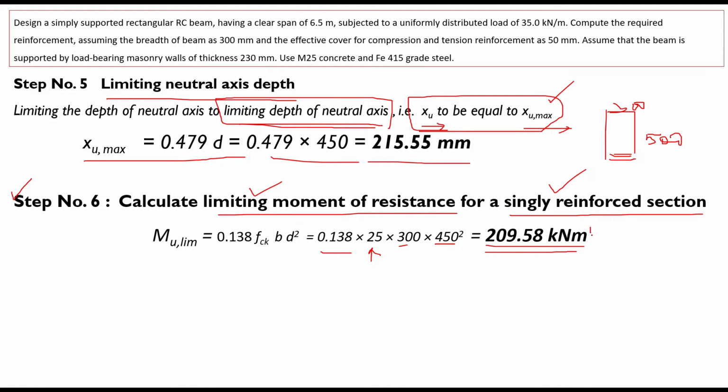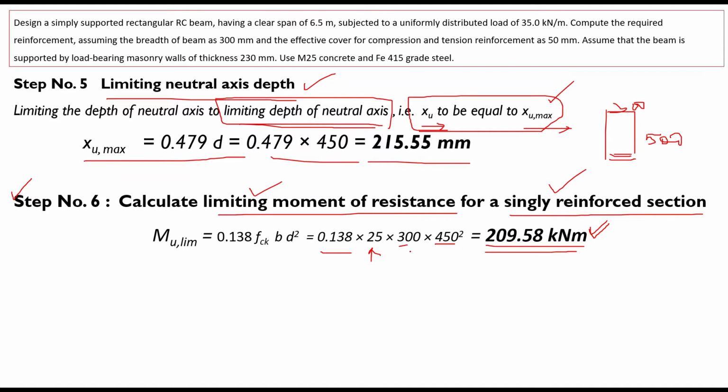Now you must be clear about the meaning of Mu limited here. That means if you are designing this beam, with whatever dimensions we have taken, as singly reinforced, then its maximum or ultimate moment carrying capacity will be only 209.58. We have to go through the calculation in step number 4, which gave the maximum factored ultimate bending moment due to the loads.